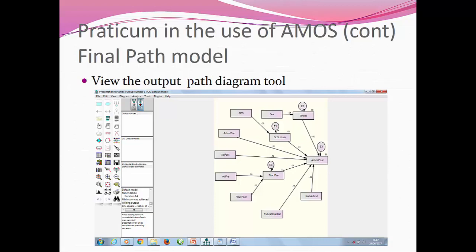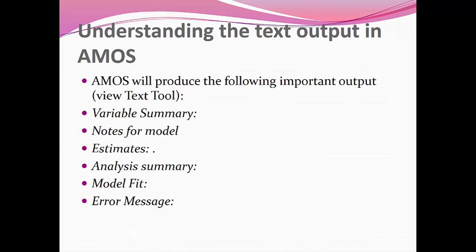I want us to look at some text outputs that AMOS will produce. That's on slide 25. There are some important outputs that AMOS will give us, and for us to get this output, we have to click on View Text tool. The first thing we'll get is a variable summary. In the variable summary, AMOS will tell us the number of variables and the variables we have used for the analysis.